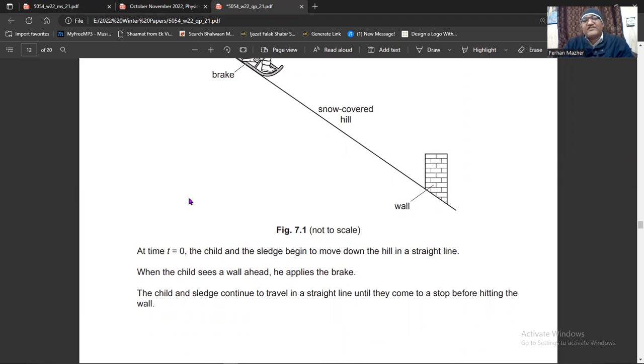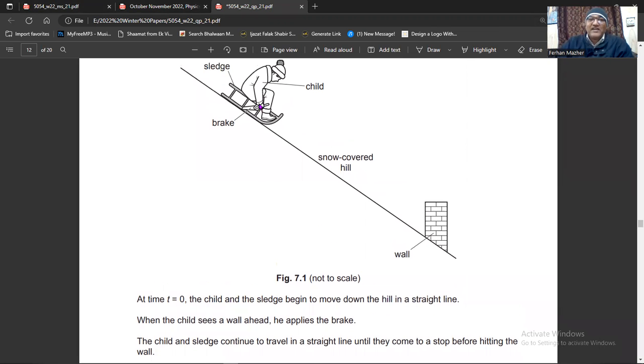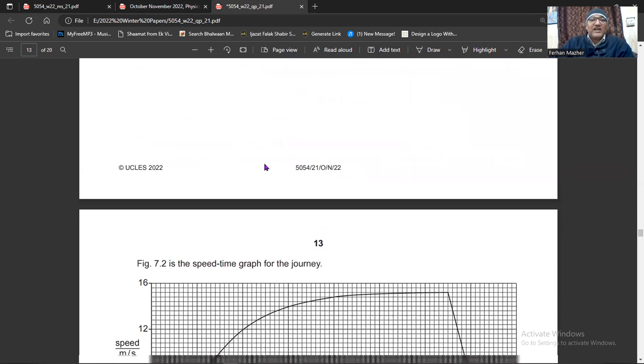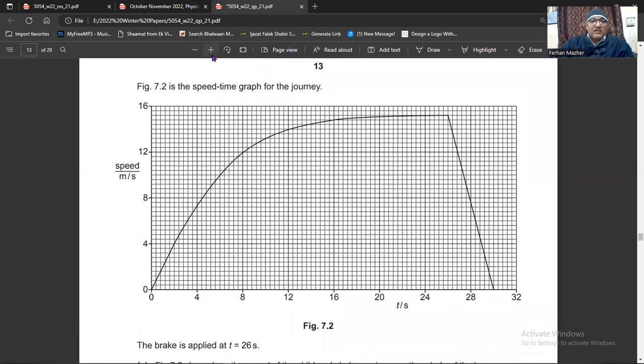When the child sees a wall ahead, he applies the brakes. The child and sledge continue to travel in a straight line until they come to a stop before hitting the wall. So remember this story. He applied the brakes. He did not hit the wall. He stops before hitting the wall.